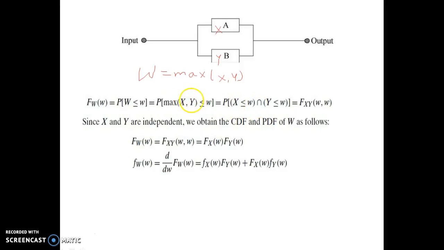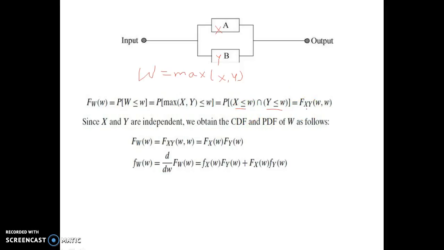Similarly, if Y is the maximum of X and Y and it is less than or equal to w, X will automatically be less than or equal to w. So we will always have an intersection of X less than or equal to w and Y less than or equal to w. And from definition, this is simply given as the joint CDF of X and Y evaluated at w and w from the basic definition. So we have obtained the CDF.